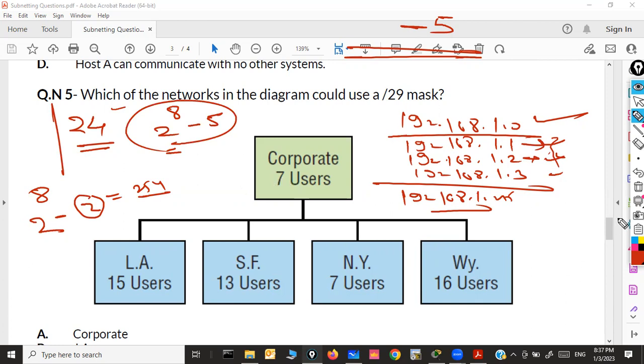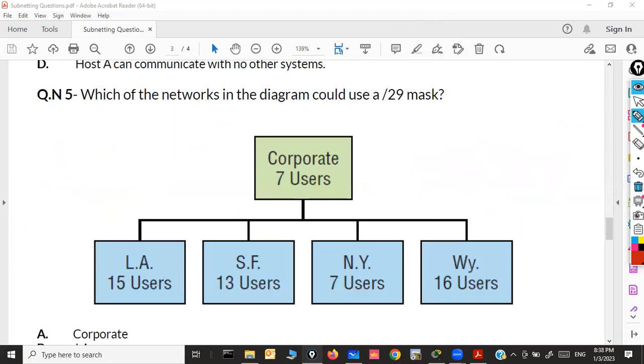So you have to keep that in mind if you are doing networking in cloud, AWS or Azure, later on. There you subtract 5 IPs, but here only 2 IPs need to be subtracted.